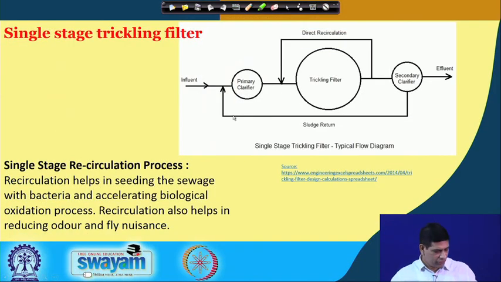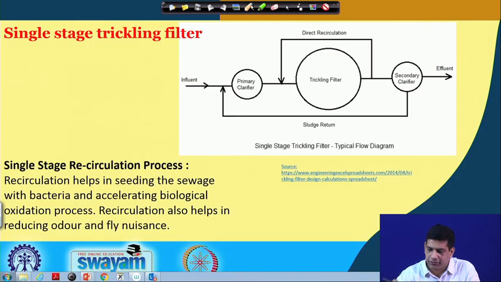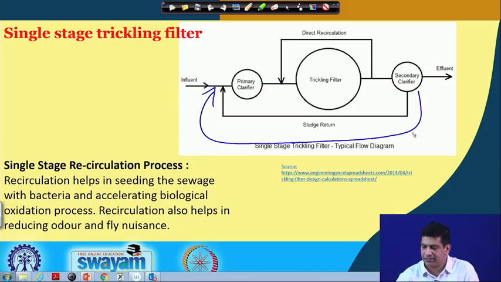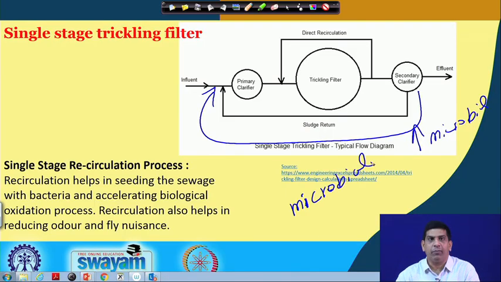When we talk about the secondary clarifier, we take part of the sludge and bring it back. The reason we want this sludge back is that it has a good microbial population, which is essentially the bugs.